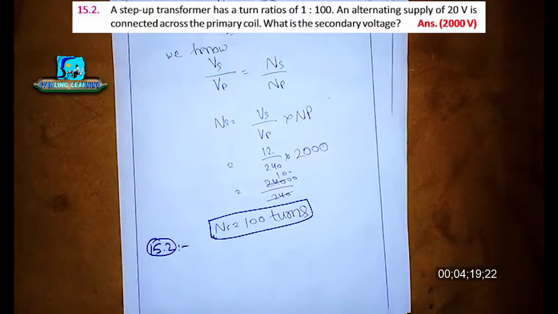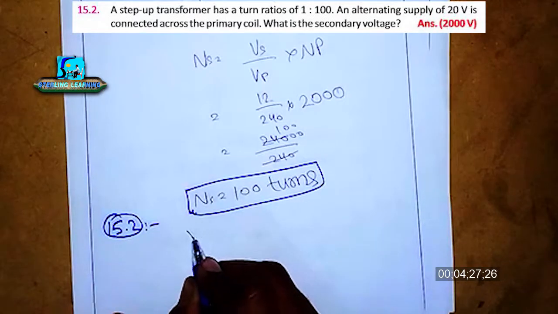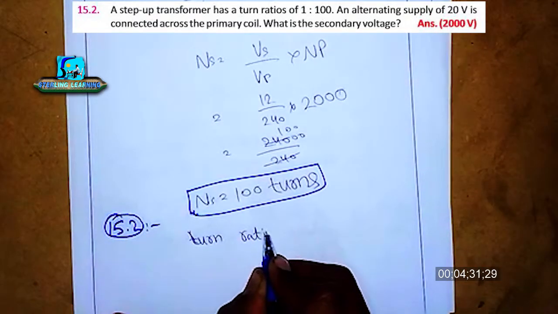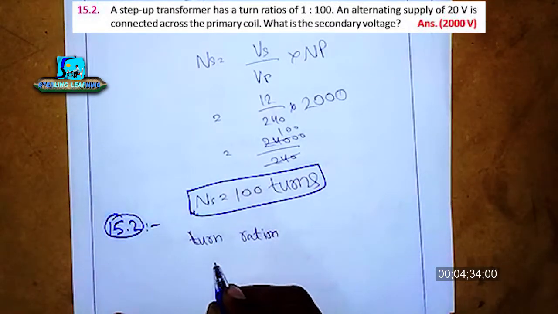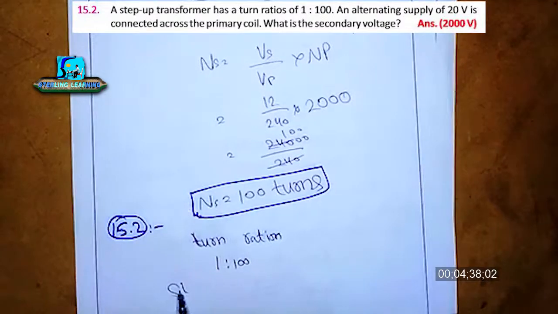A step-up transformer, first was step-down transformer, now the step-up transformer has a turn ratio 1 to 100.